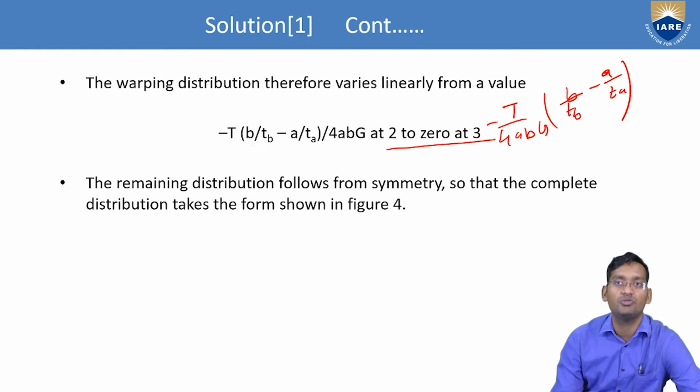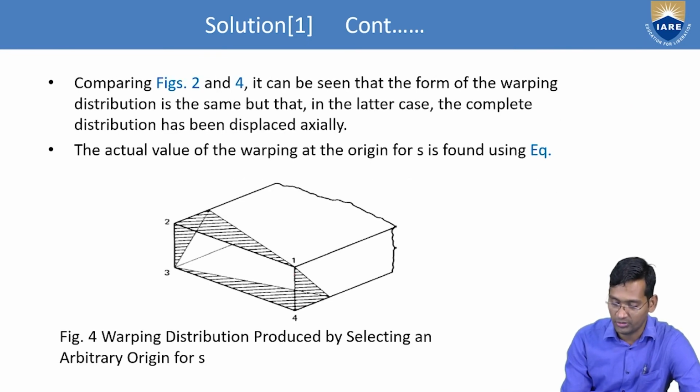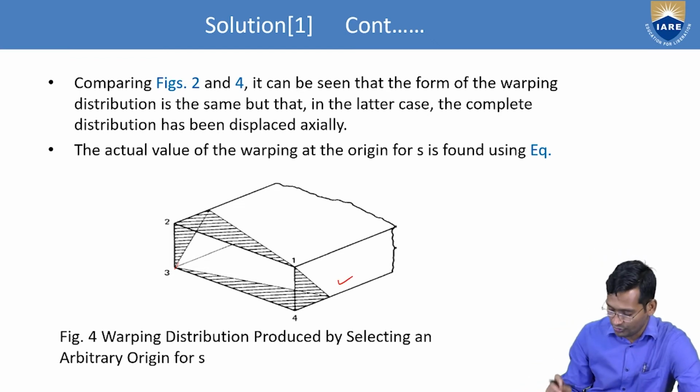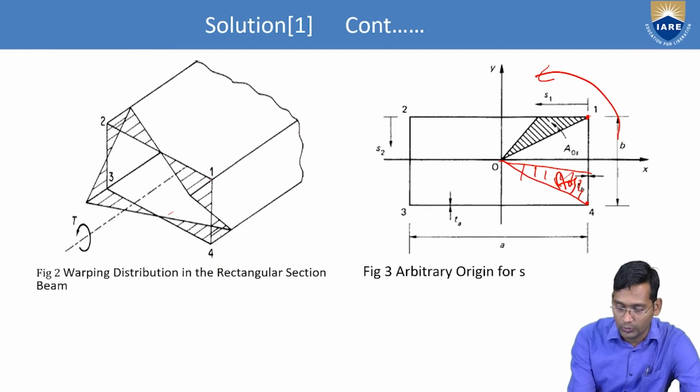The remaining distribution follows from symmetry, showing that the complete distribution takes the form shown in figure 4. So this will be like 1 to 4, then 1 to 2, then 2 to 3, then 3 to 4. So this is the complete warping distribution. Now compare figure 4 and figure 2. Just see here how figure 2 was.